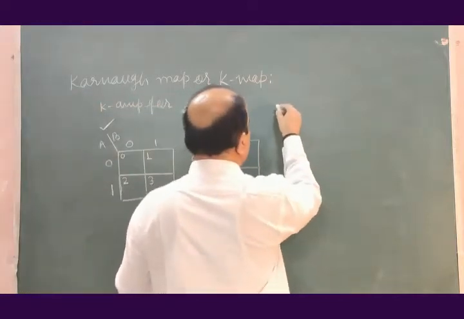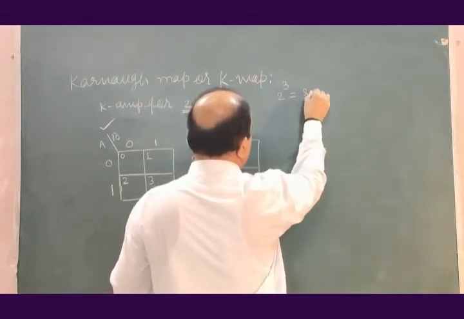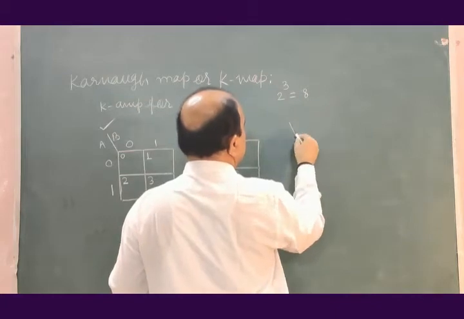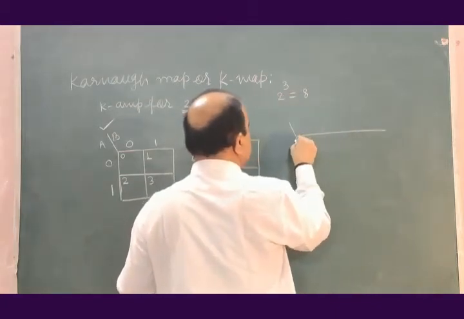When we go for three variables, 2 to the power 3, the number of cells will be equal to 8, and again you can draw this in these two ways.